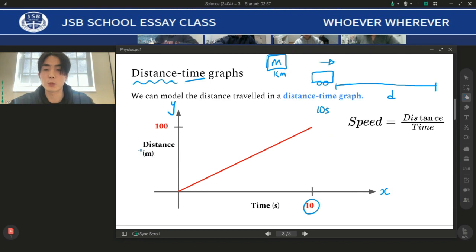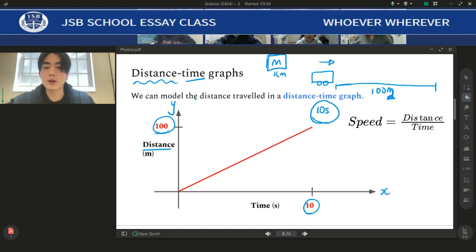The distance we read here is 100, so this distance is 100 meters. So it travels 100 meters in 10 seconds. Does everyone understand? Amy, Alice, you understand? Are you sure? Okay, so this car has traveled 100 meters in 10 seconds. So this is what the distance time graph is.